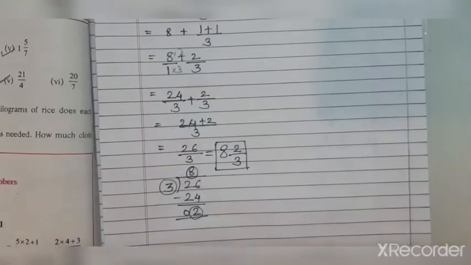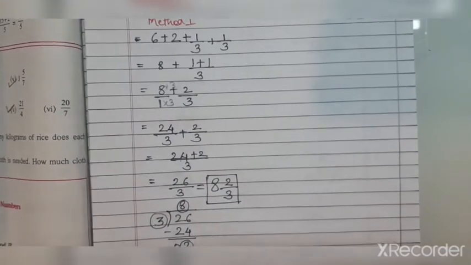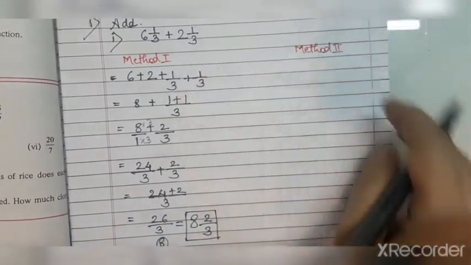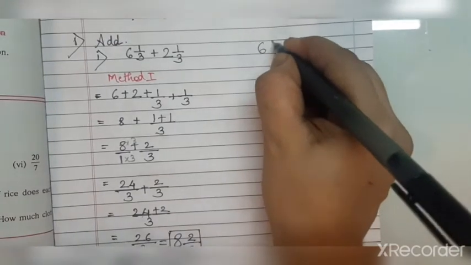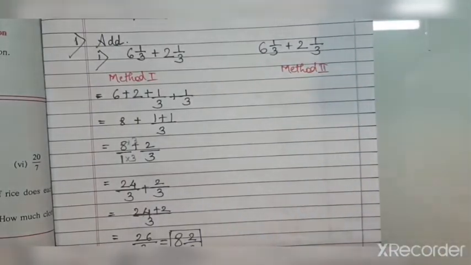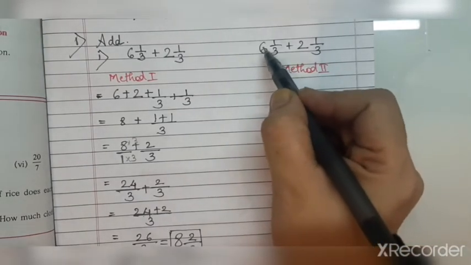Okay. Now the same sum we will solve by the second method. What is the second method? Same sum, that is 6 1 upon 3 plus 2 1 upon 3. The second method is to multiply the denominator with the whole number.